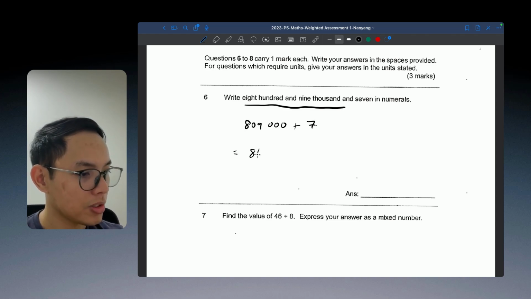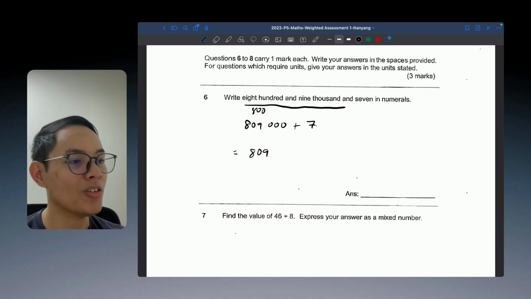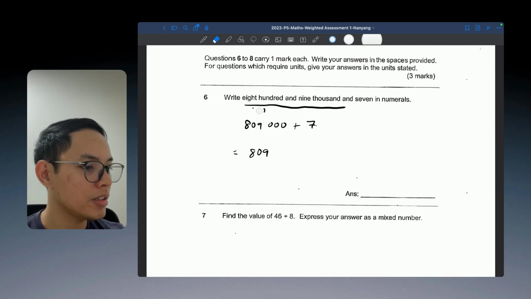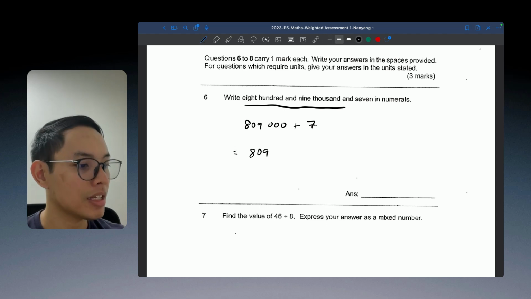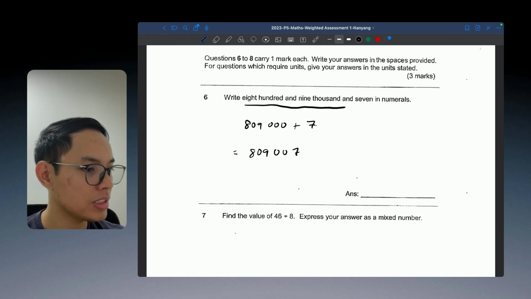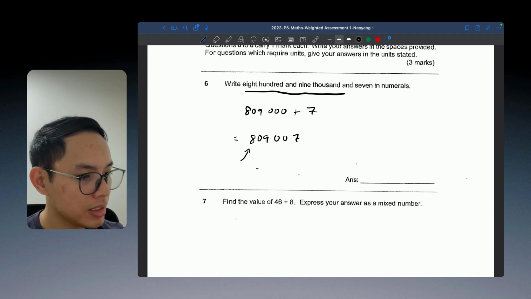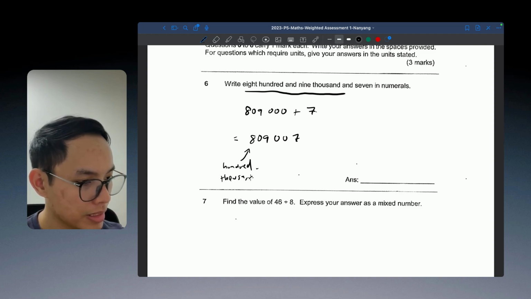Okay. So common mistake is that you might put 800 and then wrong already, right? So in thousands, if you remember, there is 10,000, there's 100,000 as well. So the answer should be here. Okay. So just to recap a bit, this is the 100,000 place.